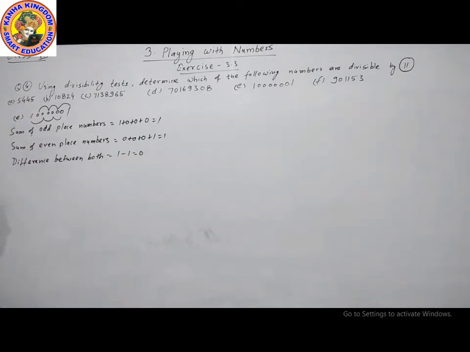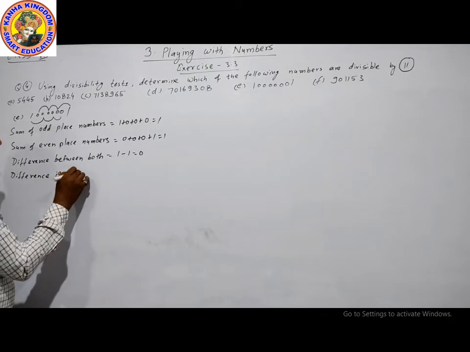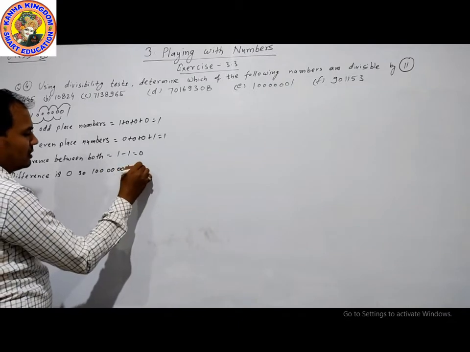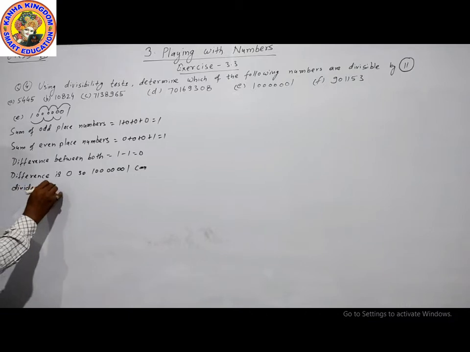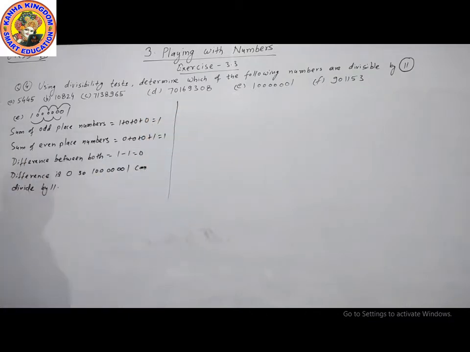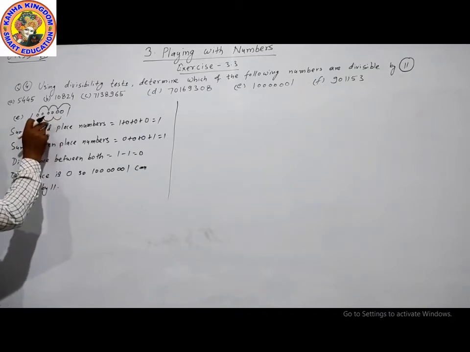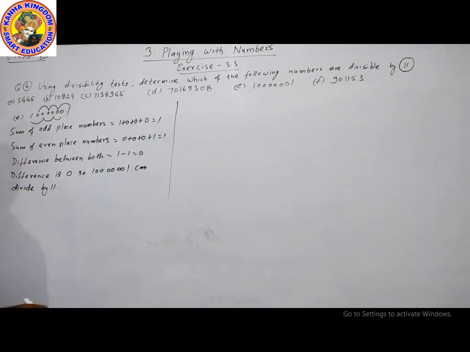If the difference is 0 or can be divided by 11, the difference is 0. So 1 0 0 0 0 0 0 1 can be divided by 11. We get the sum of odd place numbers. Odd places are 1, 3, 5 and 7. 1 0 0 and 0 add up to 1.